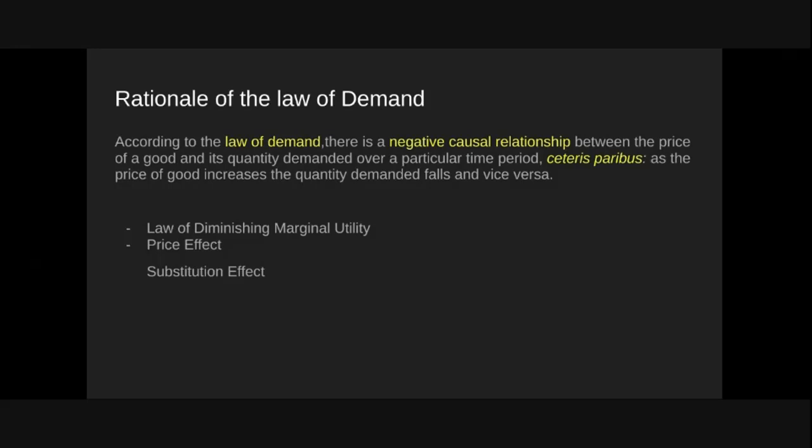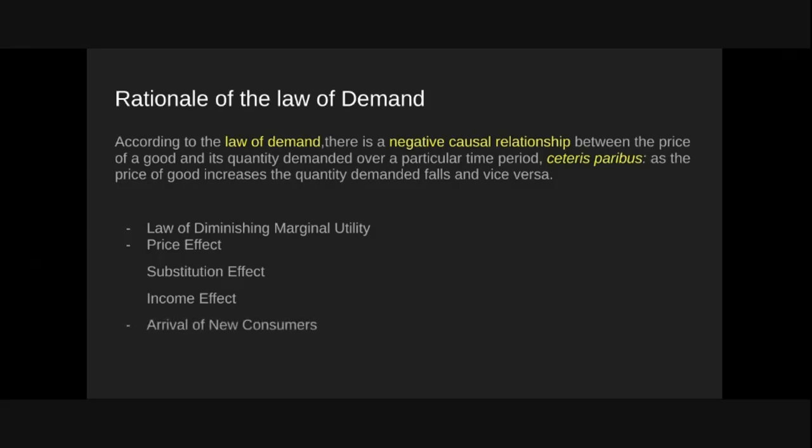There is an income effect as well. If the income increases, you are ready to buy more at a lower price. Therefore, these are all the impacts on demand, and that is the rationale behind the law of demand.